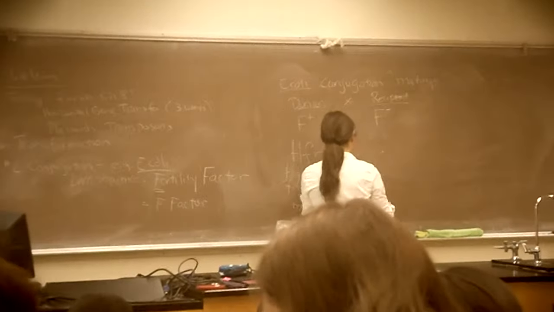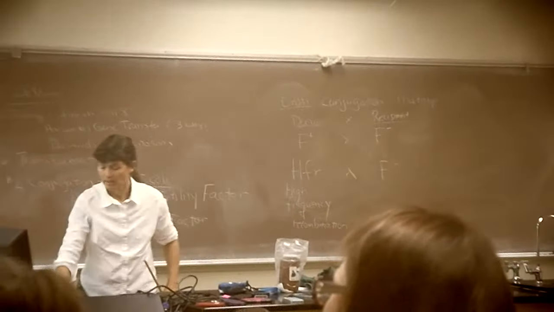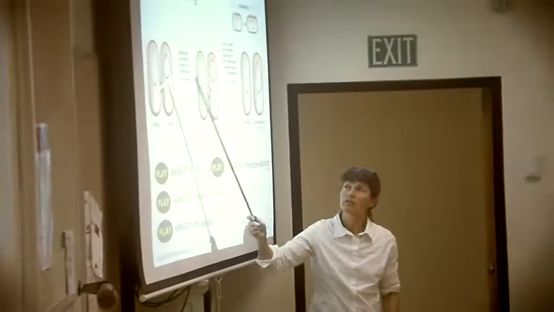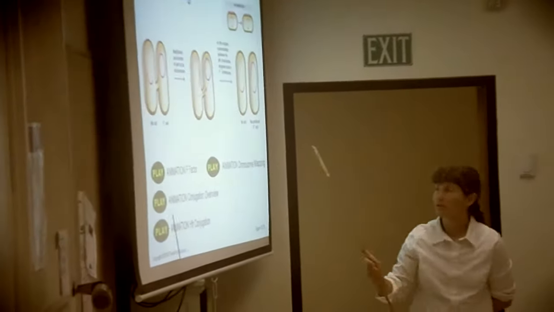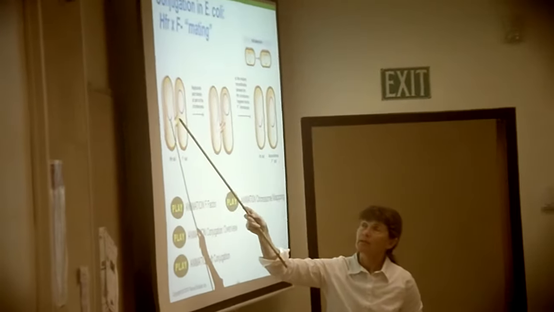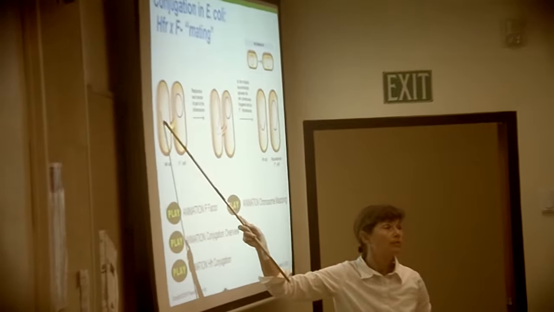So let's take a look then at an HFR conjugating with an F negative recipient. So our recipient's the same. Here's our HFR donor, here's our F negative recipient. And what's intriguing about this process, you guys, is that the transfer begins about at the midpoint of the F factor.